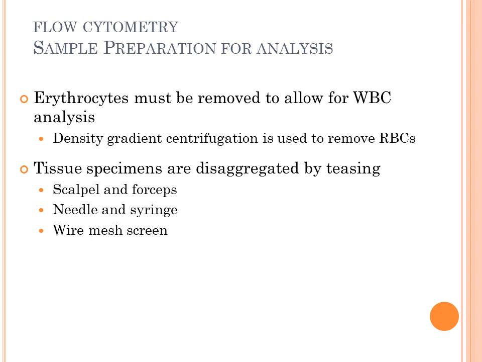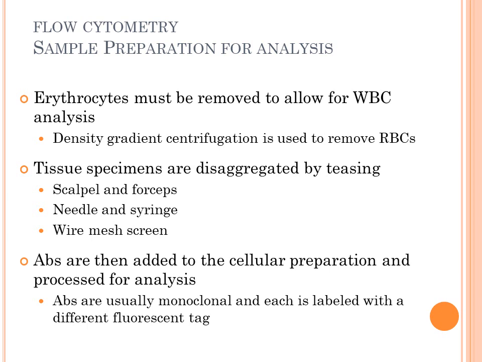If we're considering tissue specimens, they need to be disaggregated or broken up so that individual cells are present. Some methods of doing this include cutting them up with scalpel and forceps, using a needle and syringe, or pushing them through a wire mesh screen to break them up.